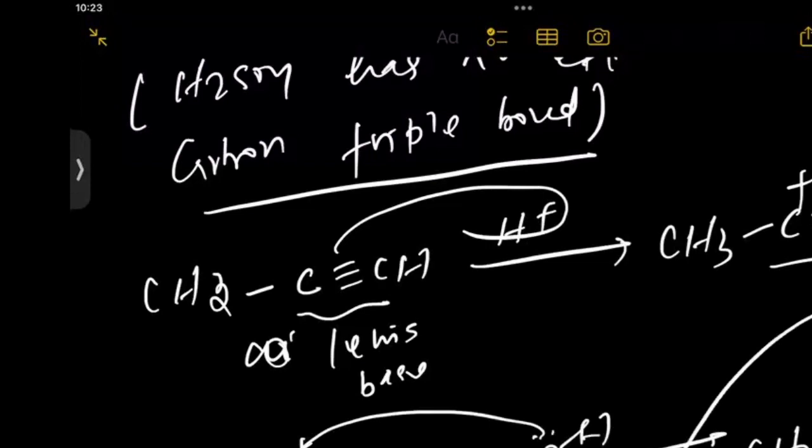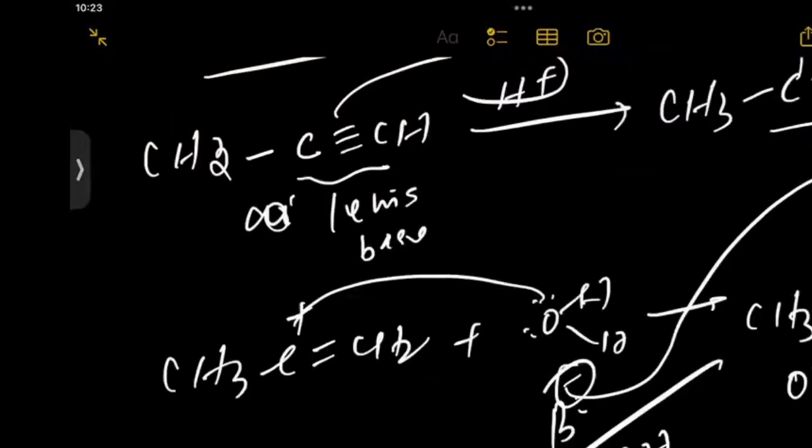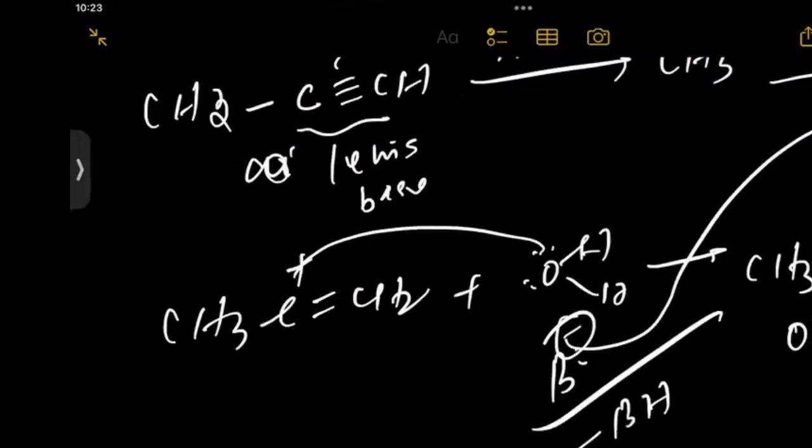Let's say OH minus is the base. That OH minus will attack the H plus and water will form. So the H will be removed, and you get CH3C(OH)=CH2.